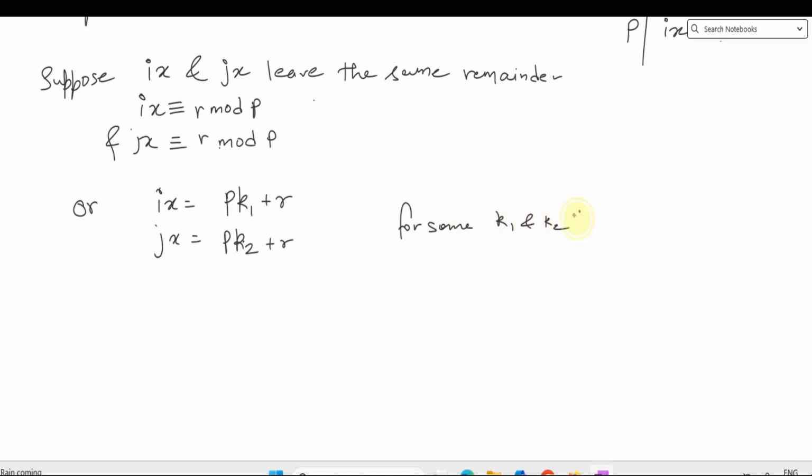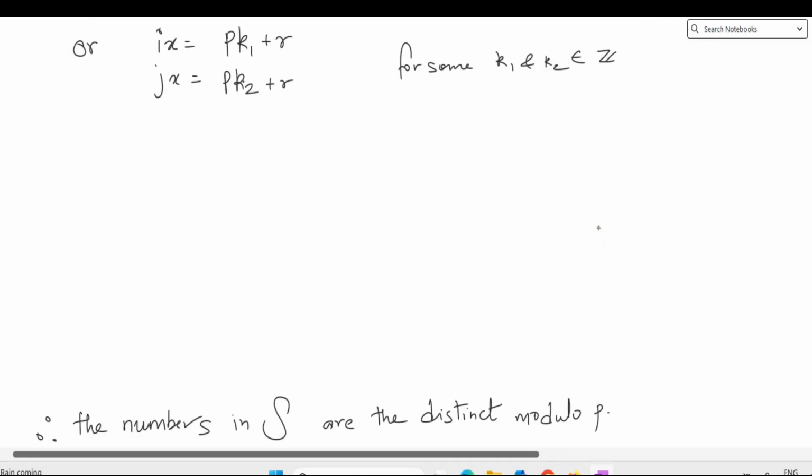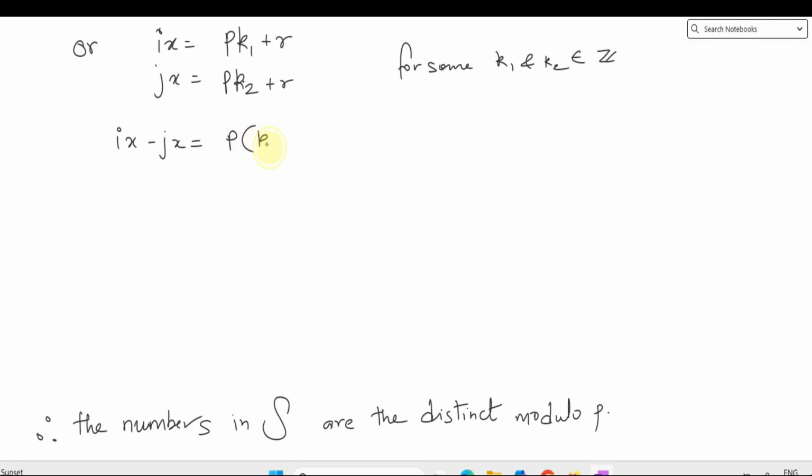If I subtract, I get ix minus jx equals p times (k1 minus k2), and let's assume that i is greater than j. So I get that p divides (i minus j) times x. It means that p divides (i minus j)x.